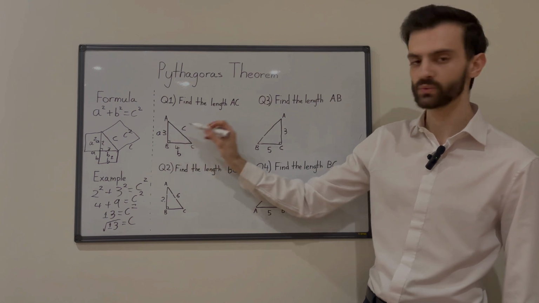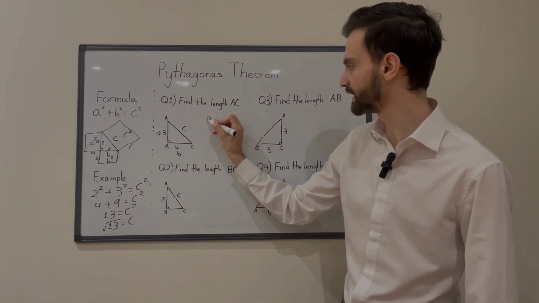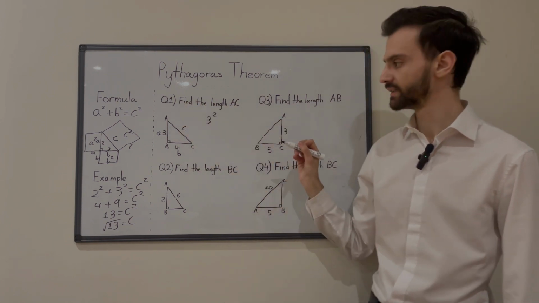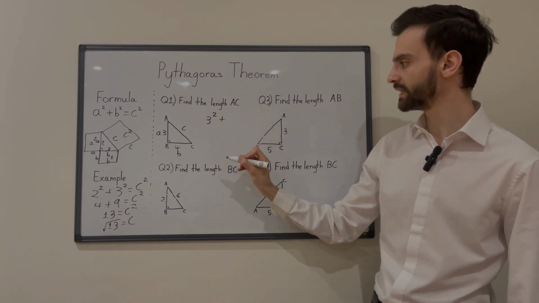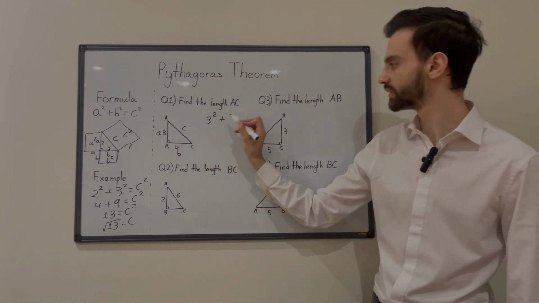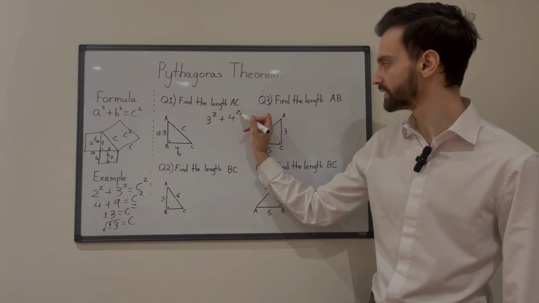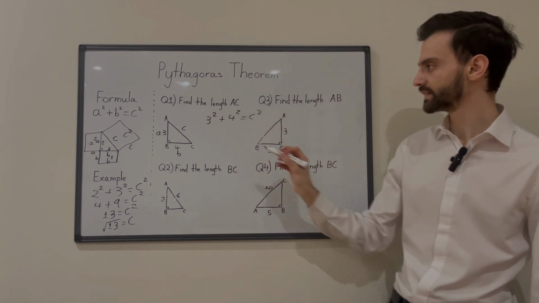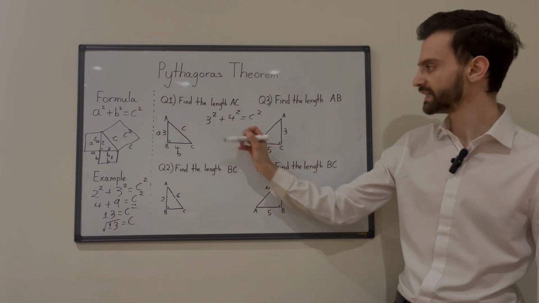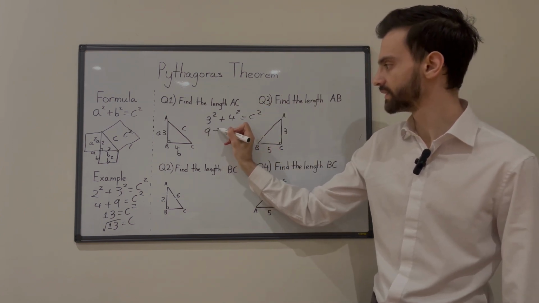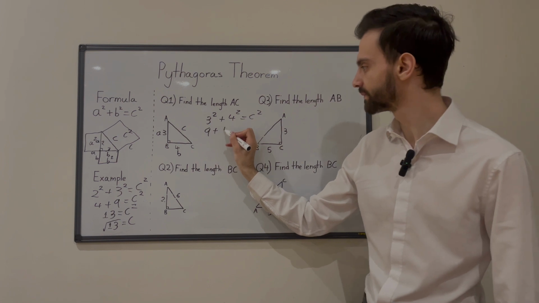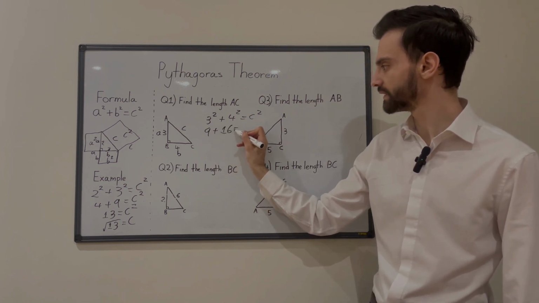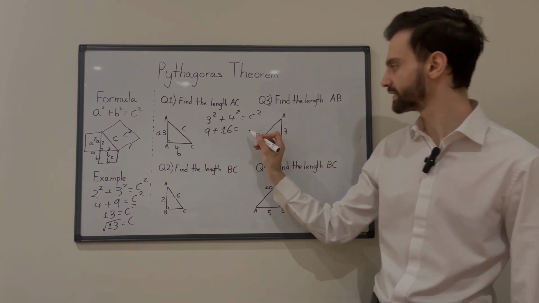We have A, which is 3, so 3 squared. Add it to B squared, so in this case 4 squared, and it's equal to C squared. 3 squared, simplified, 9. 4 squared, 16. And it's equal to C squared.